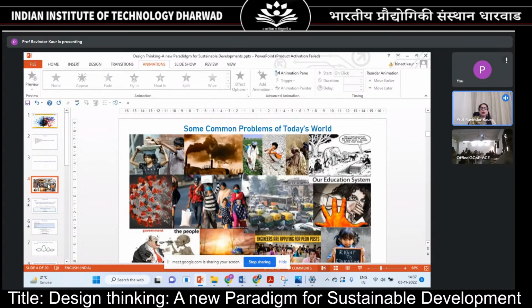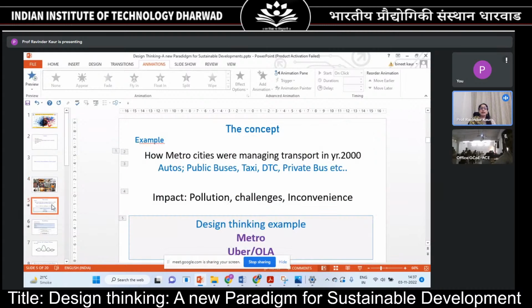Still, we have exploitation of ladies. That means gender sensitizing is still not there. So we are facing all these problems, and we have to find a sustainable solution, a solution which is required by all. So design thinking is the approach.